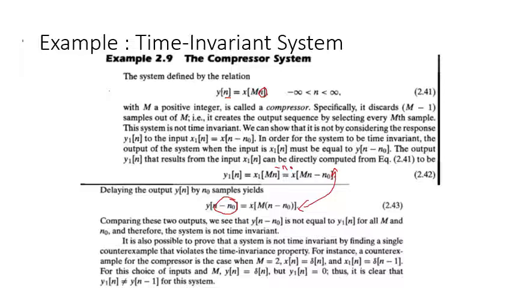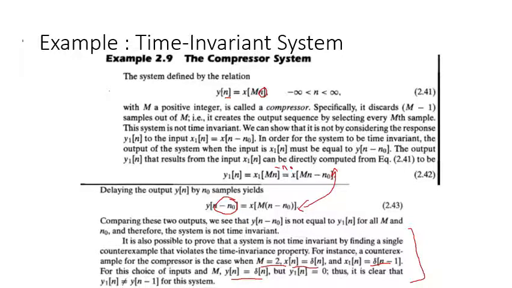There is another way of verifying whether the system is time invariant or not. So if m is equal to 2 and we have signal delta of n, and then we delay that signal, the signal will be shifted delta. Now for this particular input, if we have input delta of n, the output will be delta of n.